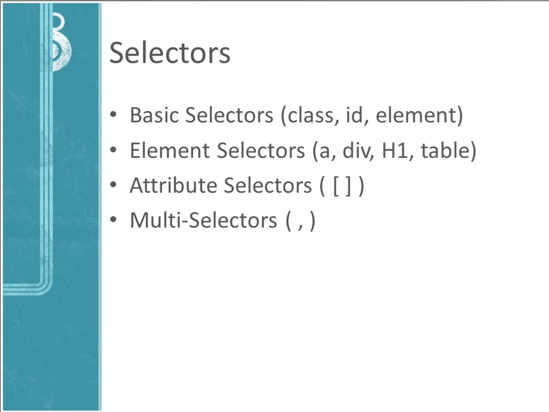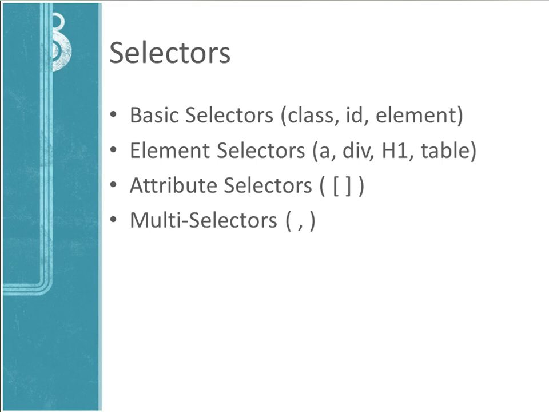So we're going to start off with just selectors. We've got basic selectors, which are things like our class selectors, ID selectors, elements. We've got element selectors, which obviously are things like a, div, h1 or hx, table, any particular element that we can specify directly. Attribute selectors, which are in square brackets, allow us to say that we want to pick an element that has an attribute with a particular value that looks like this.